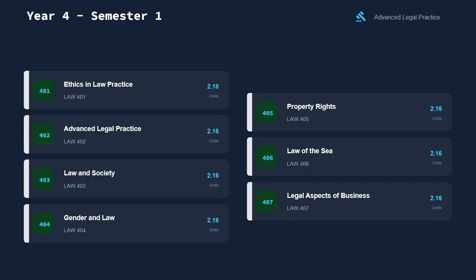Licensing: rules vary on temporary practice, pro hac vice admission, and multi-jurisdictional firms. Choice of law: determining which jurisdiction's law applies to substantive issues. Coordination: working effectively with local counsel to navigate procedural and cultural differences.